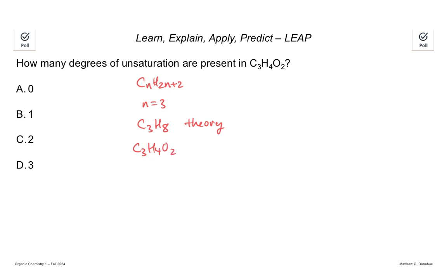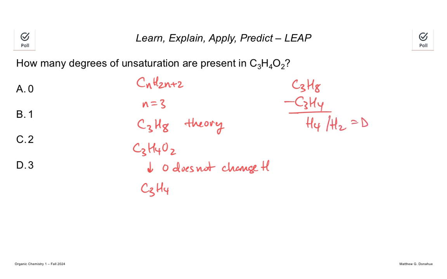The oxygens don't do anything to the hydrogen count. So that becomes C3H4. C3H8 minus C3H4 gives us H4, divided by H2, so that's 2 degrees of unsaturation. So C is the response.